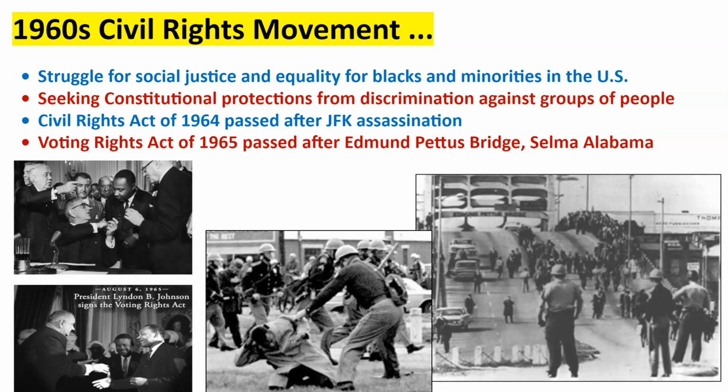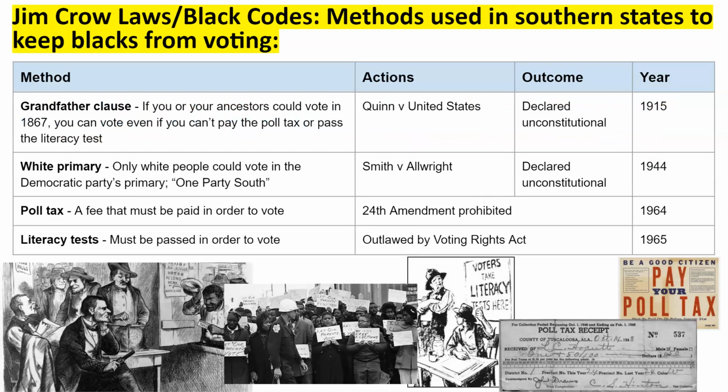That really made a lot of them unconstitutional, null and void, and that really changed the game. And like I said, with the poll taxes being outlawed under the 24th Amendment, literacy tests being outlawed, all of these things start to chip away and break down the wall of segregation and the Jim Crow laws that we saw in the South.